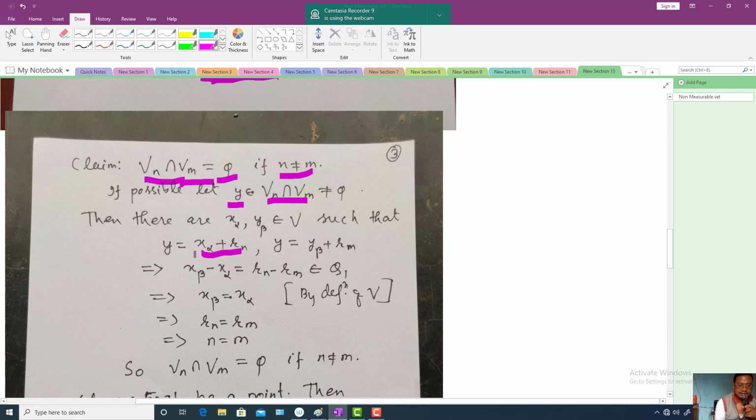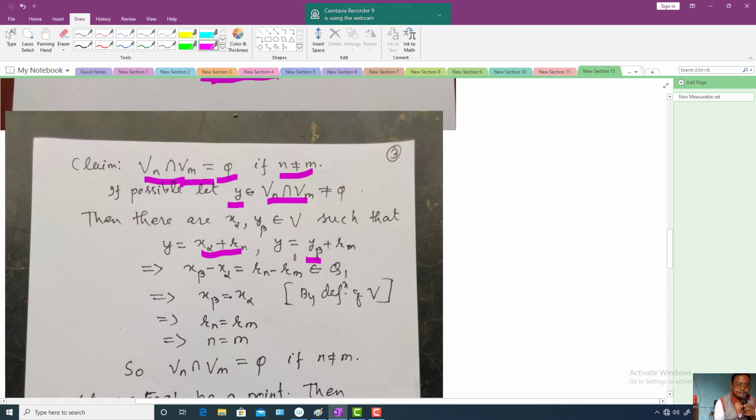Y is a member of Bn means y must be expressible as a sum of some member x alpha in B plus some member Rn in the rational numbers Q1. Again, y is also a member of Bm means y must be expressible as a sum of some member y beta in Bm, plus some rational number Rm from Q1.